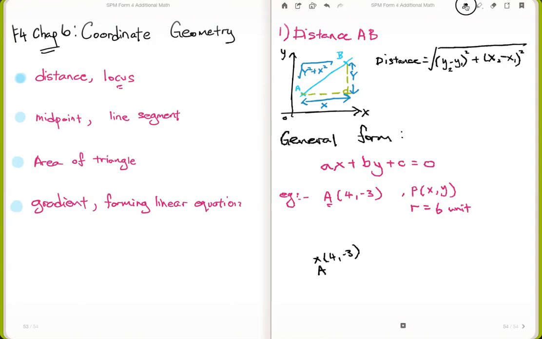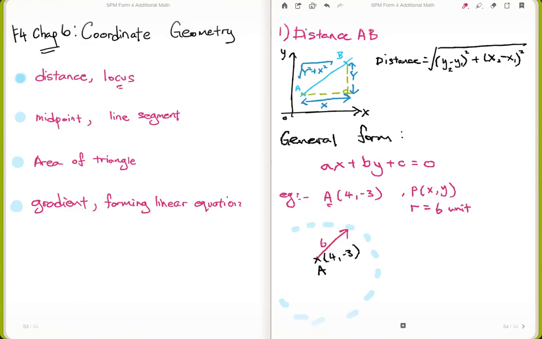You are asked to find the equation that always goes around this point, that makes a radius, and the radius is always 6.